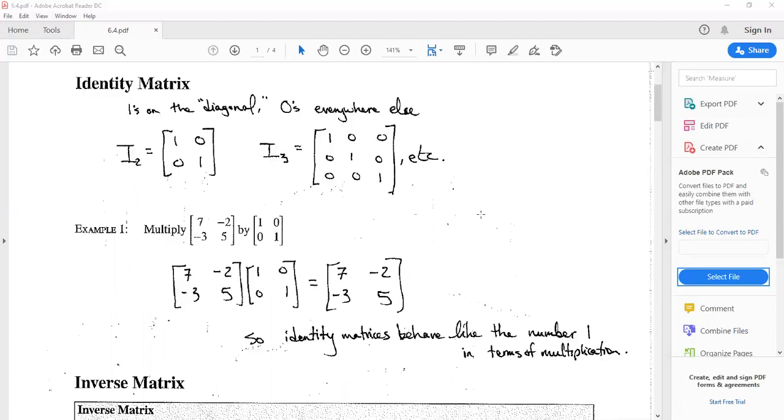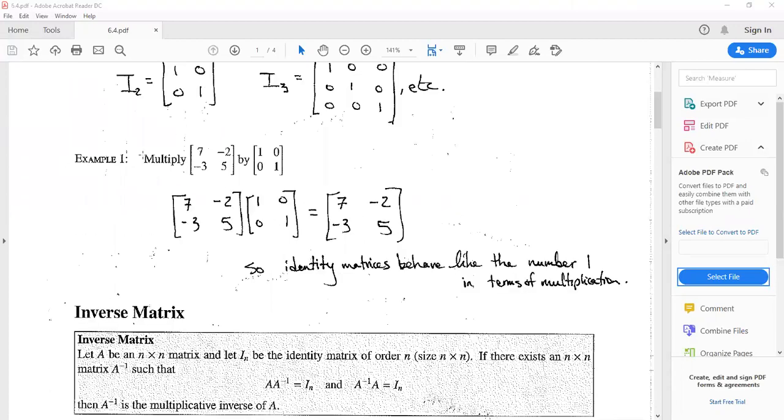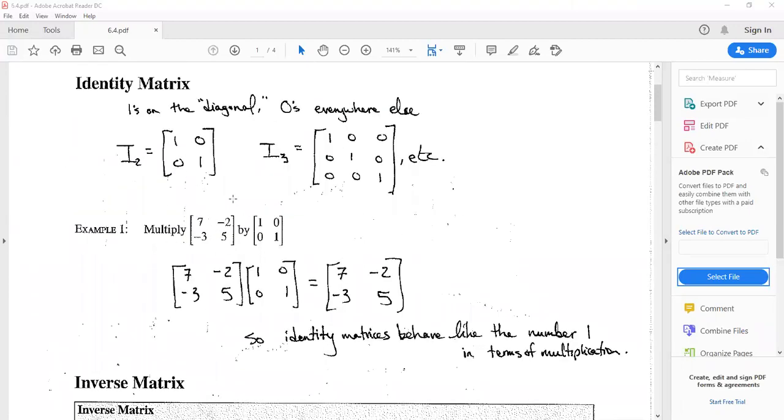Okay, so then let's do some multiplication. Let's multiply some matrix by an identity matrix. Here we have this 2 by 2 matrix whose rows are 7, minus 2, and minus 3, 5. And we'll multiply it by I2.